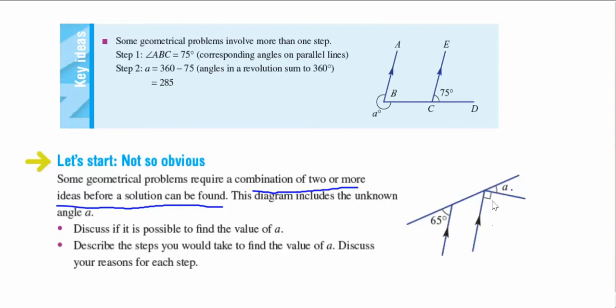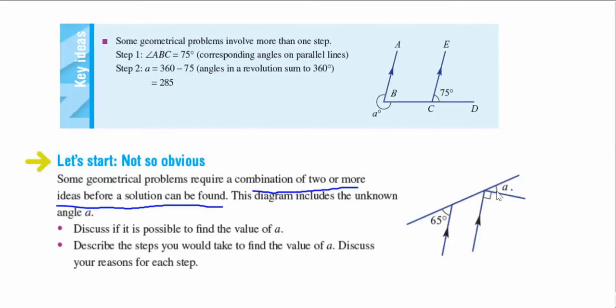Firstly, A is part of three angles here, and these three angles make up what type of angle? You want to say it out loud? Yeah, a straight angle. So I've got angle A, this angle here, and if we've got a box in the corner, what does that mean? Yeah, 90 degrees. And we've got this other angle over here.